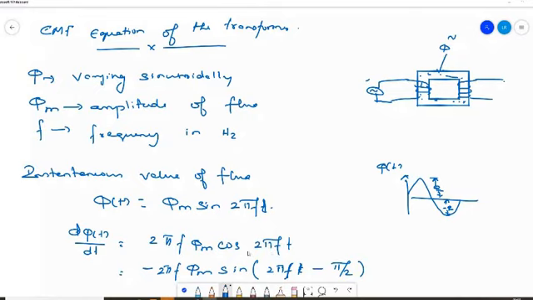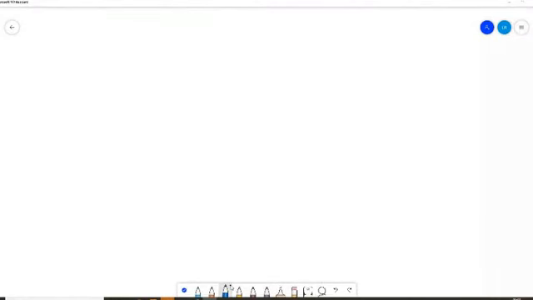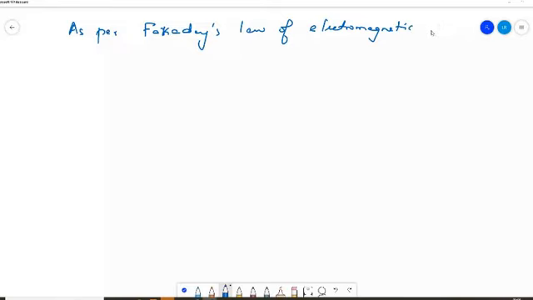So when I take this further, if you can recollect Faraday's law of electromagnetic induction, the EMF induced per turn, so this is talking about only one turn of the coil.